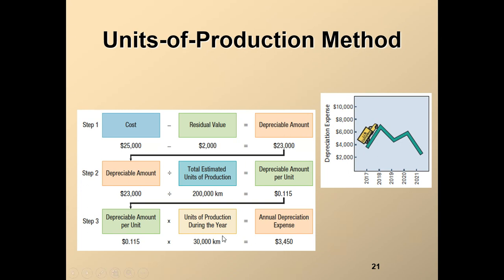Okay, so once again, you want to focus on the amount of kilometers that are driven by the vehicle, and obviously, the more it's driven, the bigger your depreciation expense can be, and the lesser it's driven, the smaller it's going to be. So it just depends from year to year how much the vehicle is used. The little graph here on the right shows you that it varies from year to year because some years have heavier use of the vehicle, whereas other years have lesser.